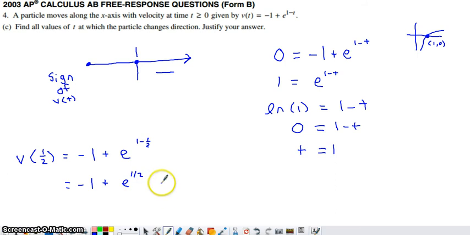Well, the square root of 1 is 1. Negative 1 plus 1 is 0. But then the square root of 2.7 is going to be a value that's bigger than 1. So negative 1 plus a value bigger than 1 is going to give us a positive value in the end. That value is bigger than 0. Our velocity is positive there. So the object changes directions once, at the time when velocity changes signs, and it happens at the t value of 1.